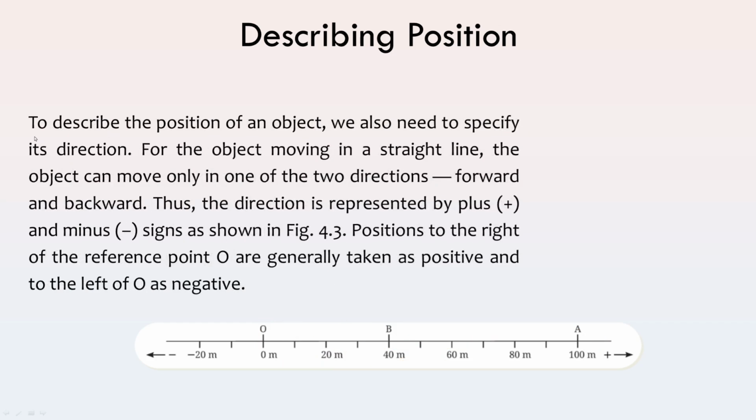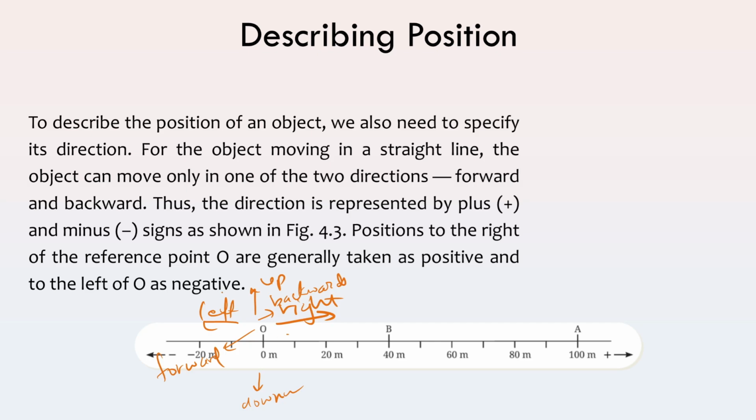The last slide. To describe the position of an object, we also need to specify its direction, whether it is on the right side or the left, whether it is upward, downward, backwards, or forward.